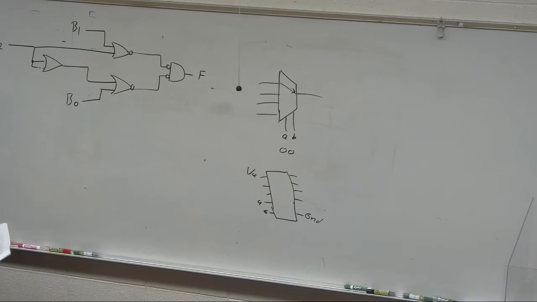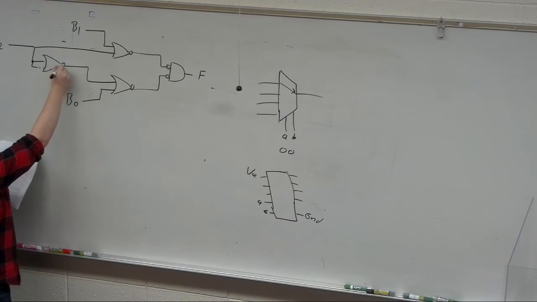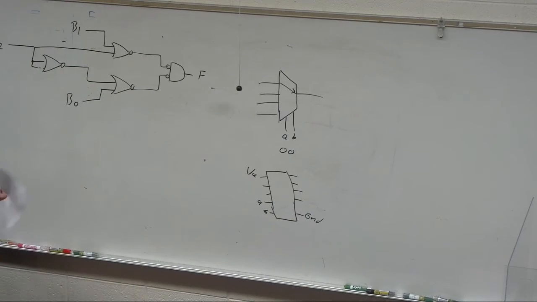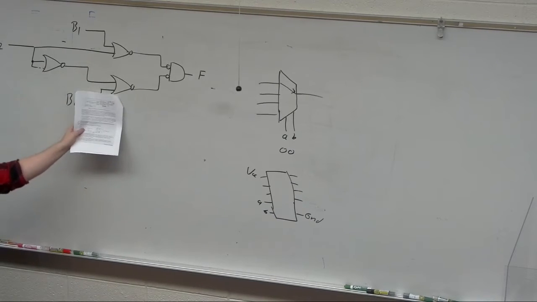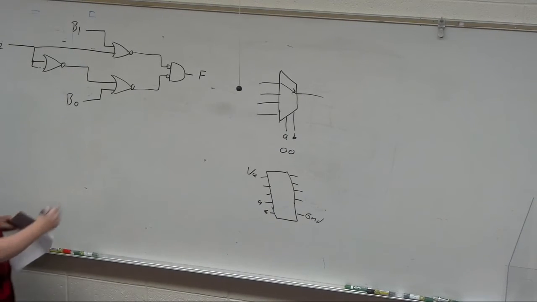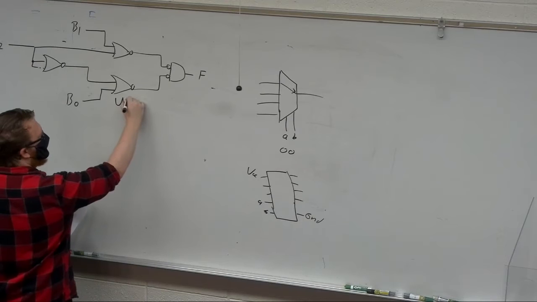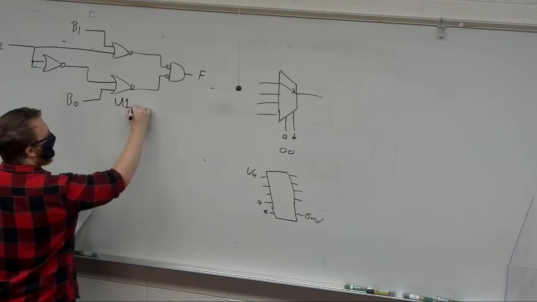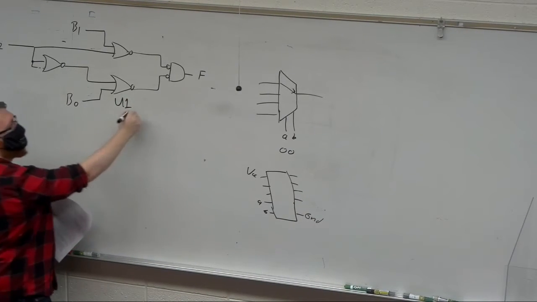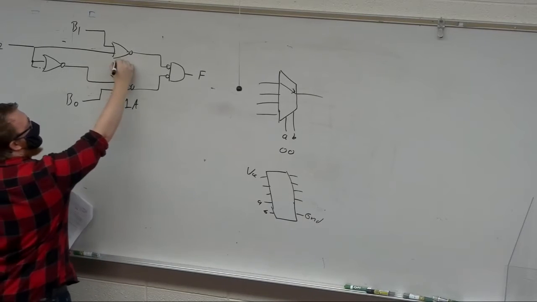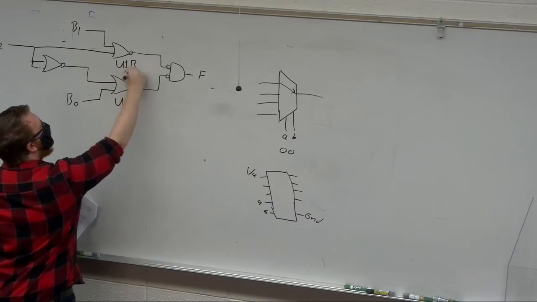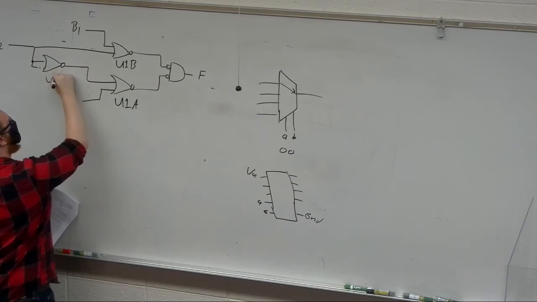So we have something called designators, where you start labeling them. Oh, sorry, and this has a bubble, whether they're the same part or not. So let's say I take my first chip, and it has, say, 4 NOR gates in it. Well, I'm going to label my first chip U1. But it has 4 devices in it, so this is going to be U1A, U1B, and U1C.